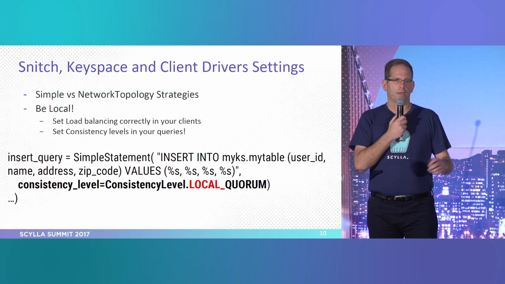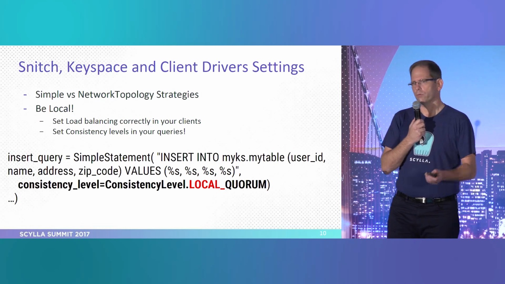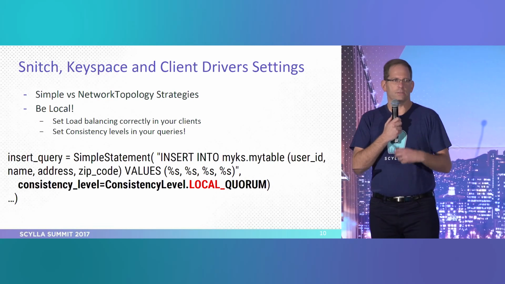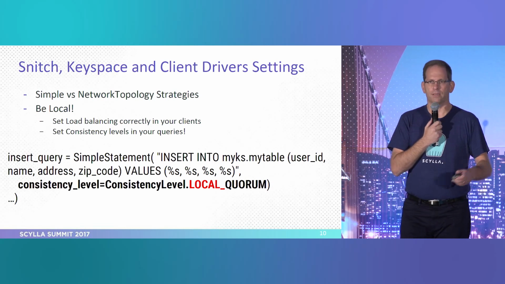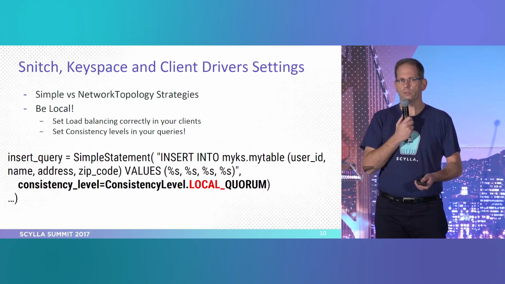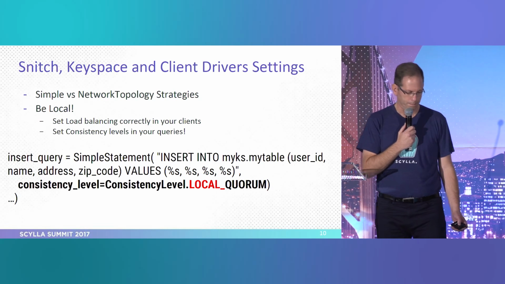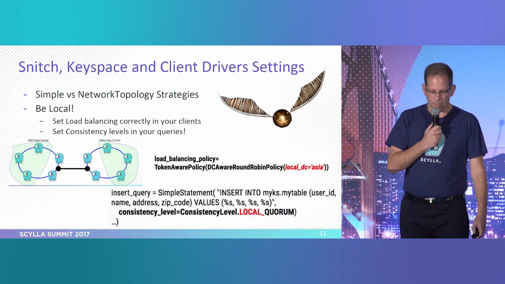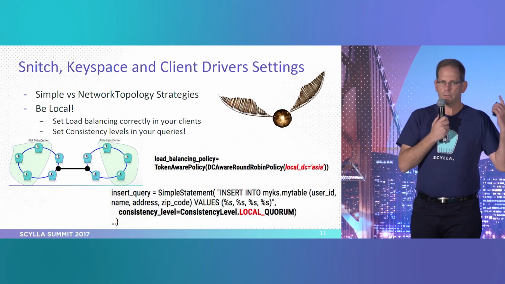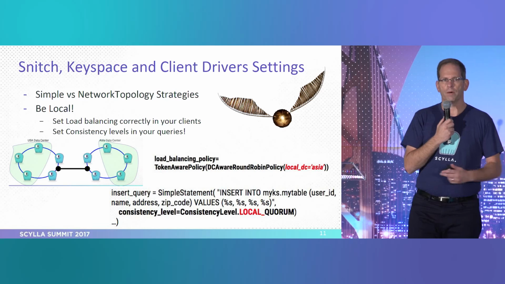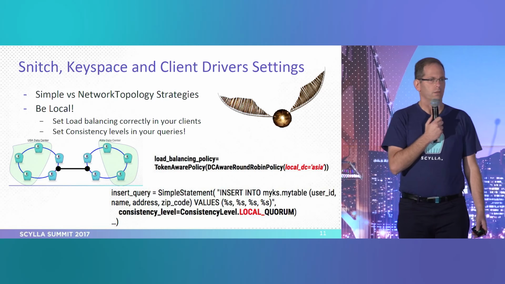One thing that we have seen again and again is also, do you actually need to replicate all the data all around the world? It gives you safety nets, but it's typically not something that you want to use. Maybe just an aggregation table will do the trick for you as well. So to summarize, snitches, key space creation, and driver configuration will help you save a lot of money on your network cost every month.